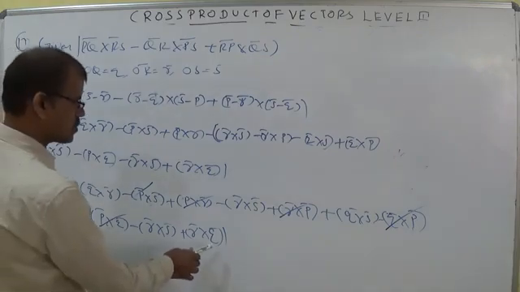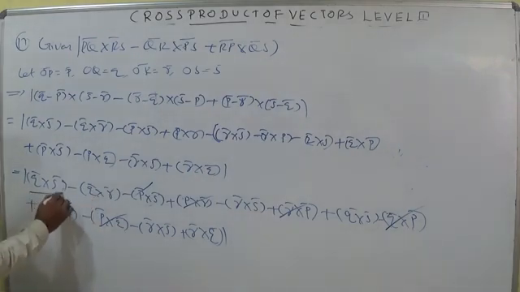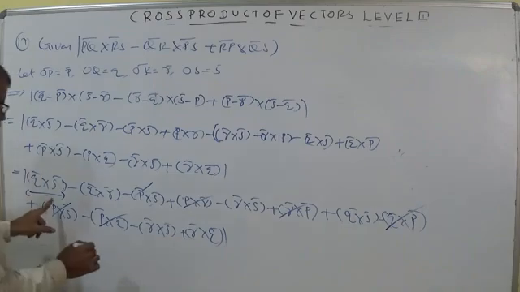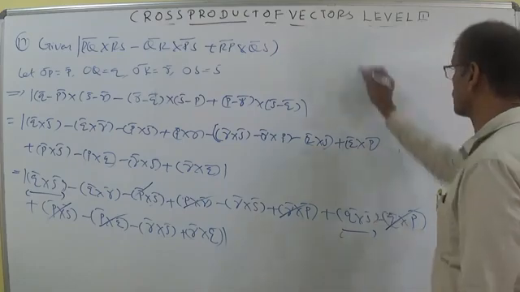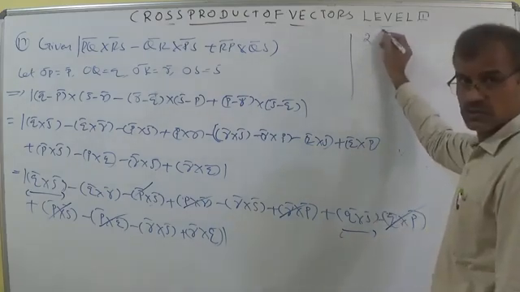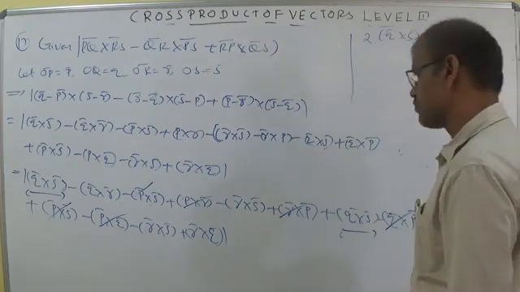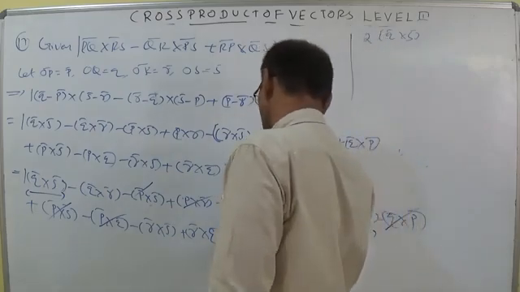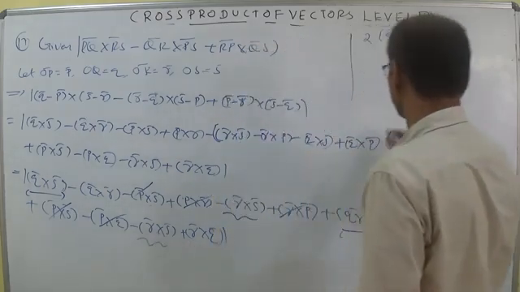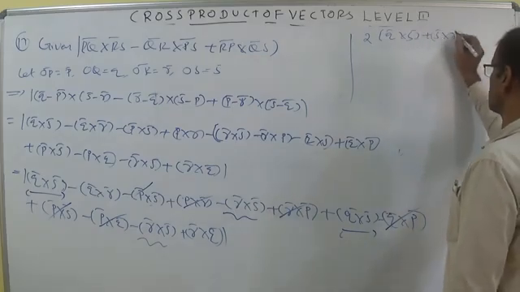So you can write 2 into Q cross S. Minus R cross S, minus R cross S, whenever you take common, it can be written as S cross R.